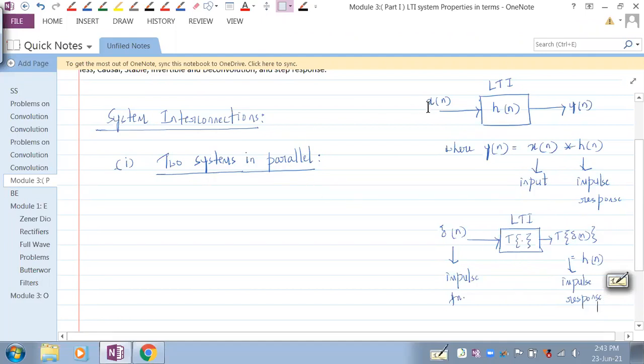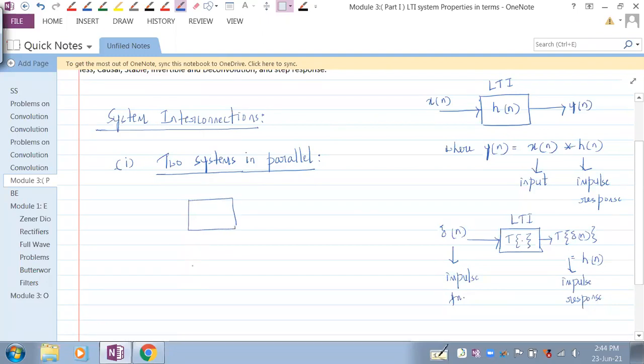Fine. Now we shall have two such LTI systems in parallel. Understand that? So when we are asked to have two such systems, we can just represent them like this. This is one system, this is another system, and I've told you every LTI system has got its own impulse response.